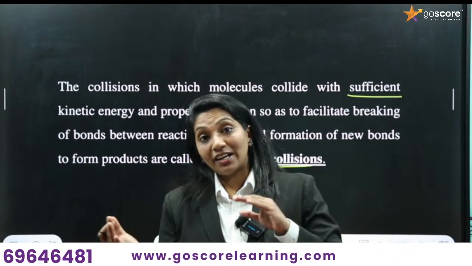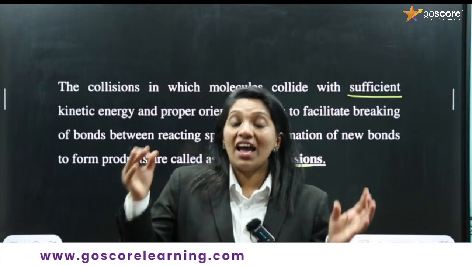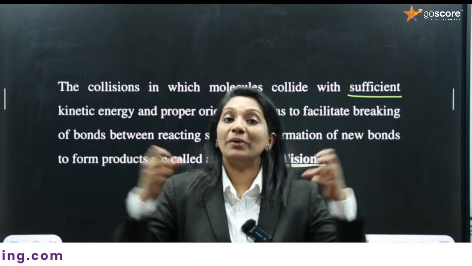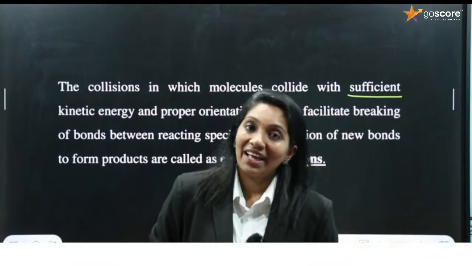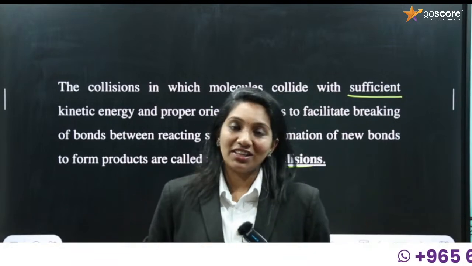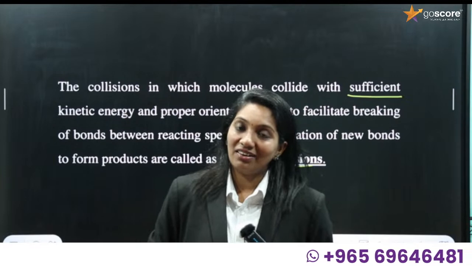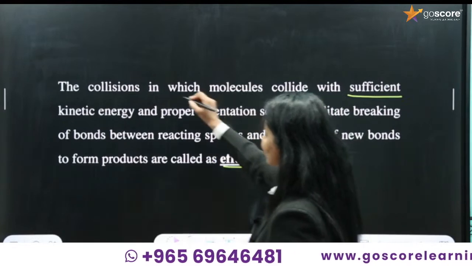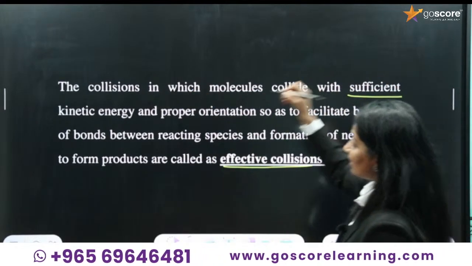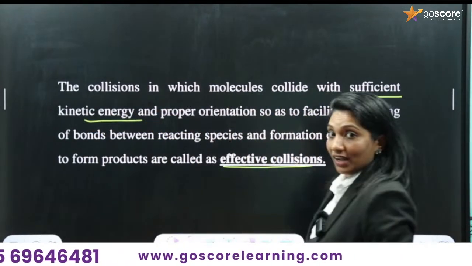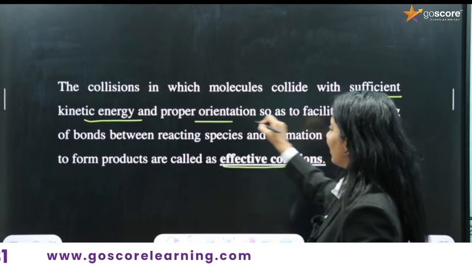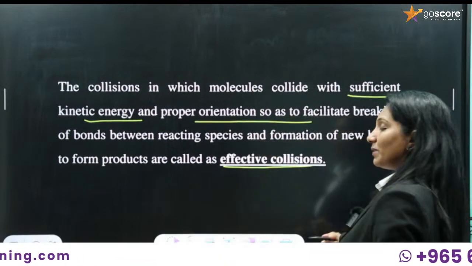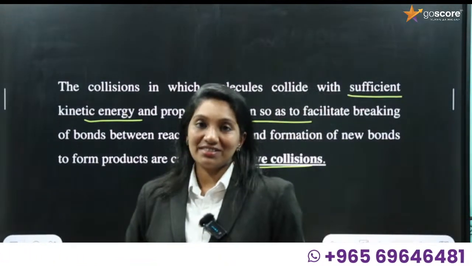That means the colliding molecules should have sufficient energy as well as collide in a proper orientation, in a proper direction. Then only it will form an effective collision. If there is an effective collision, the reactant will react to give the product. The collisions in which the molecules collide with sufficient kinetic energy and proper orientation lead to breaking of bonds between the reacting species and formation of new bonds in the product.